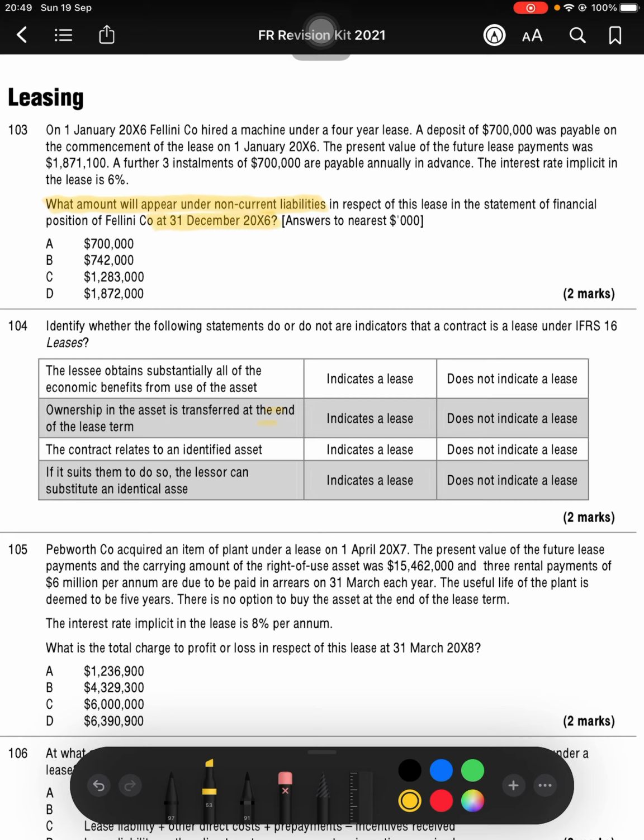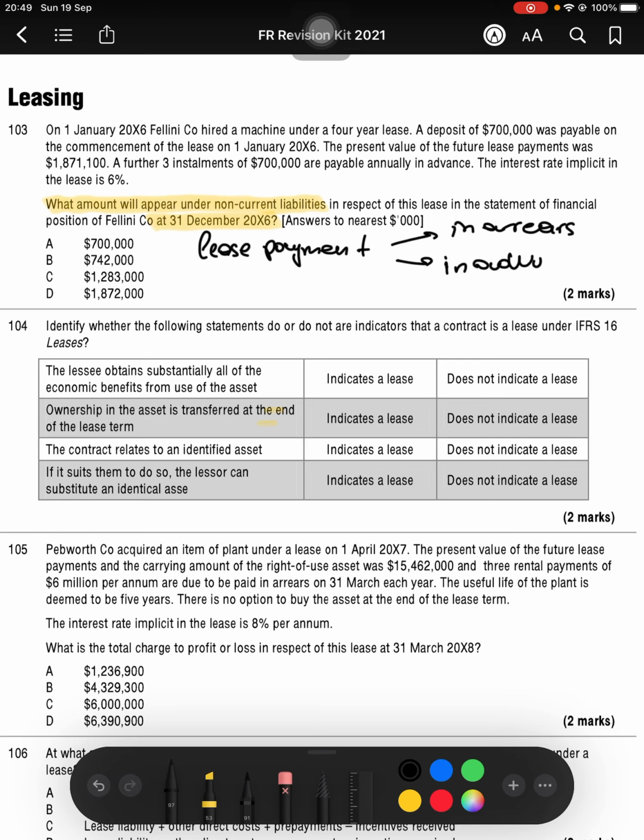For this purpose, we first should identify whether the lease payments are made in arrears or in advance.